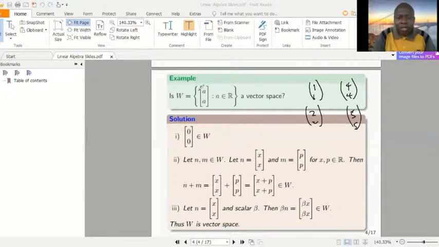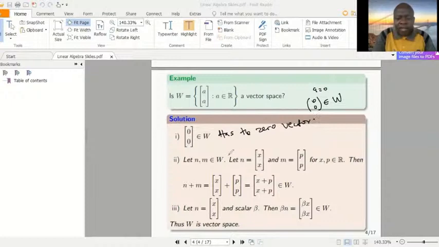So the question is, is this set a vector space? You just need to go through the properties and see if they're satisfied. Of course, we are told that a is a real number, so a could be 0. If a is 0, then we would have (0, 0). So (0, 0) is in W. So the first property that we are looking for is satisfied, that it has the 0 vector.